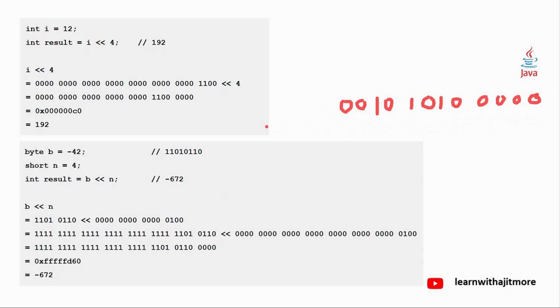This is clear. So from the LSB, till you don't get the first one, you keep it as it is. And after that, you complement: 0, 1, 0, 1, 0, 0, 0, 0, 0, 0, 0. Now you have to convert it to decimal. But whatever answer you get, you have to put a minus sign. Why?